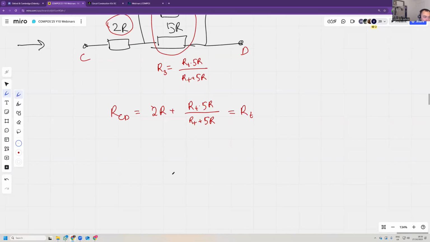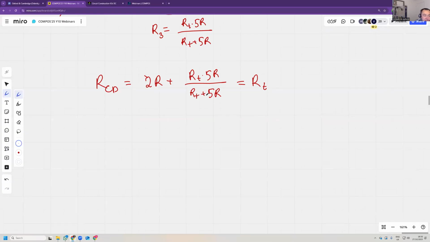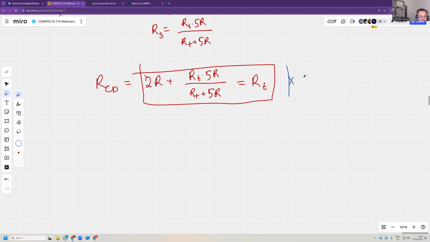And all we need now is to open the bracket, to solve this equation. So multiply both sides by RT plus 5R. So 2R multiplied by RT plus 5R plus RT times 5R equals RT bracket RT plus 5R.